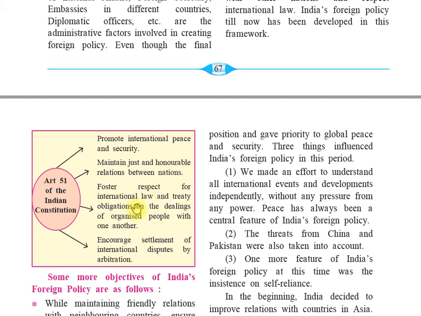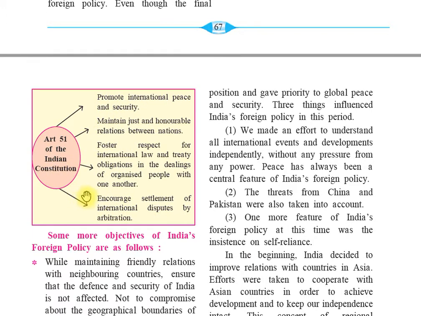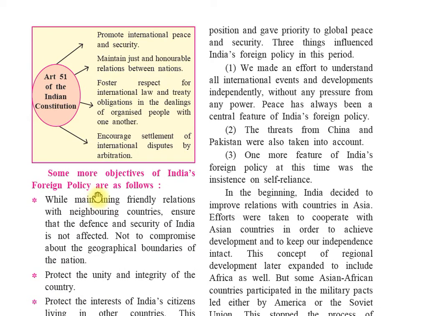Foster respect for international law and treaty obligations in the dealings of organized people with one another. Encourage settlement of international disputes by arbitration. So by peaceful means, try to solve international disputes. This was laid down in Article 51 of the Indian Constitution.